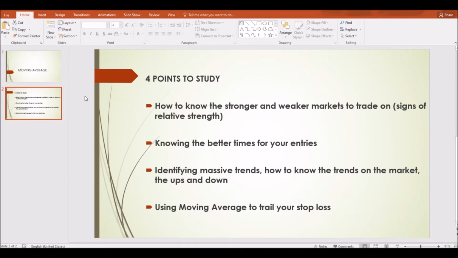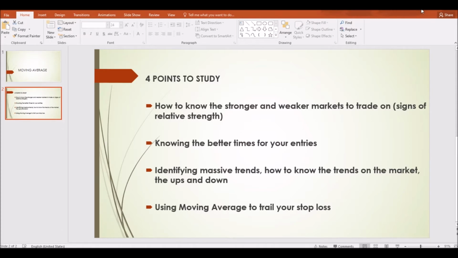Let's say the last three prices were $15, $10, and $5. So we have 15 plus 10 plus 5, that makes 30. You're going to find the average of this, so you divide it by 3, which is going to be 10.